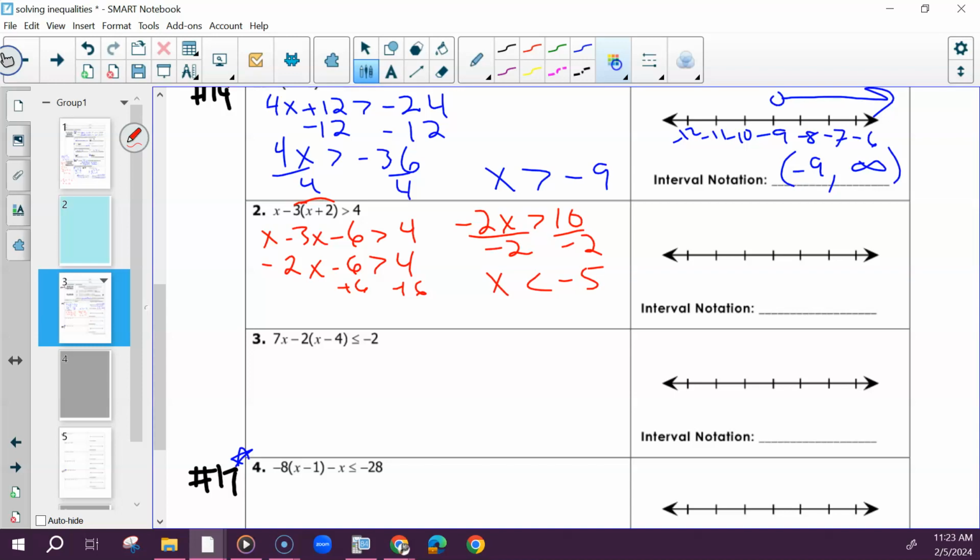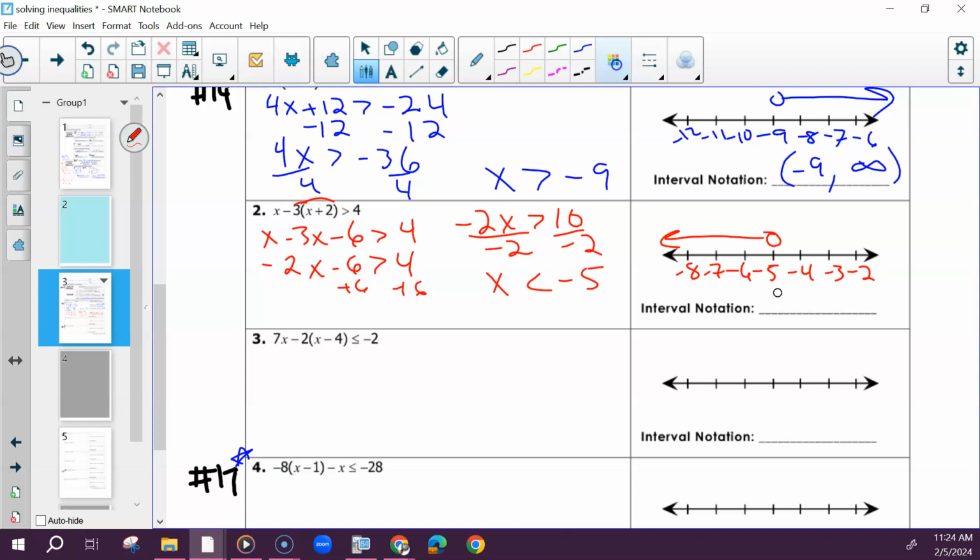Would that be open or closed? Open. To the left or to the right? To the left. Now when we look at where does this start, this keeps going, so where would that start?